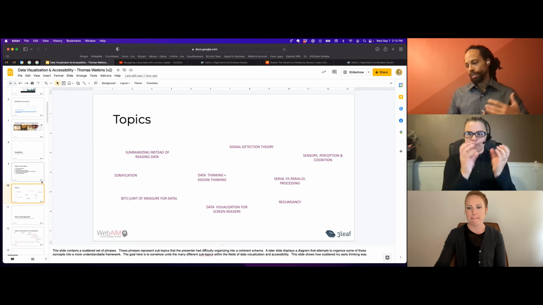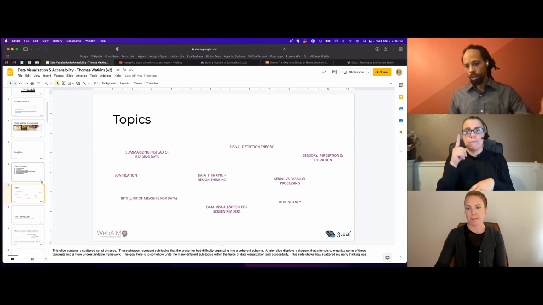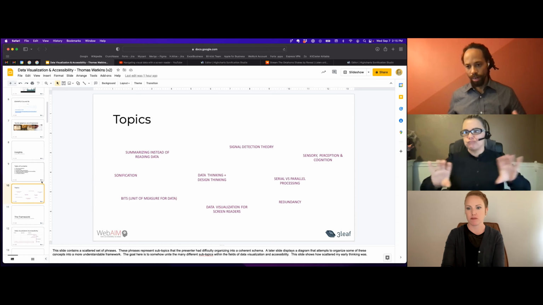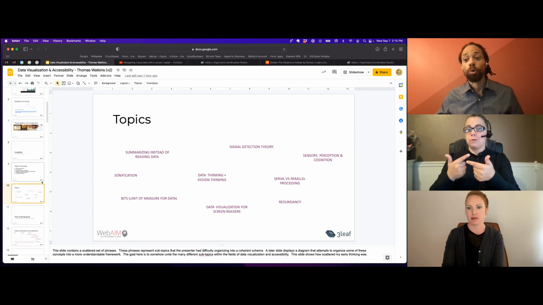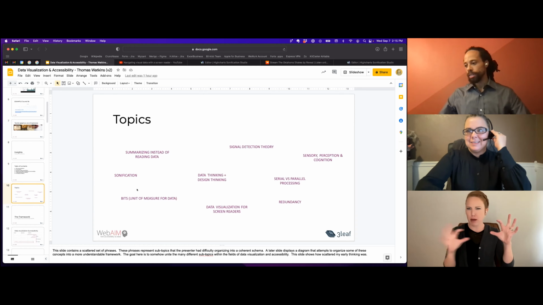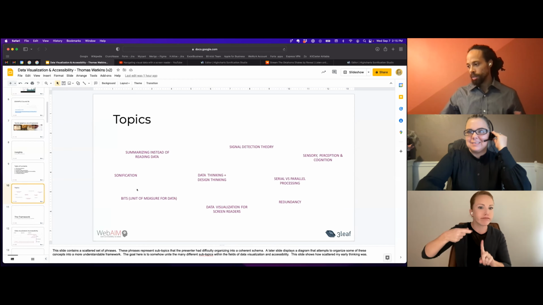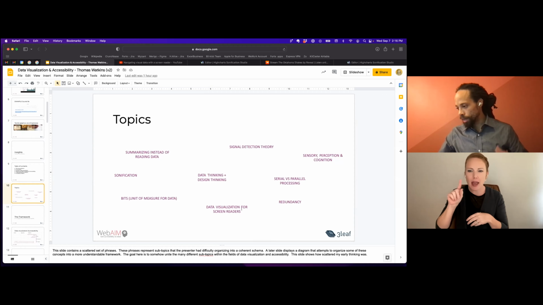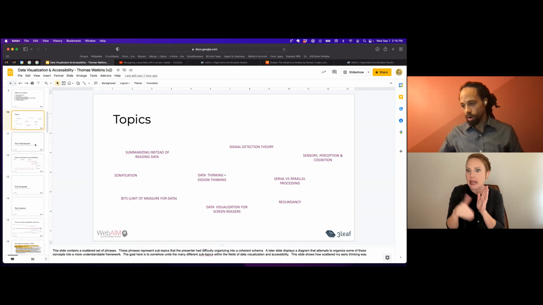So for folks who can't see, it's a set of short phrases scattered around the screen, representing that this is a disorganized array of ideas, right? So we've got things like signal detection theory, sonification, bits of data, bits of information, and I'm going to flesh some of these things out, redundancy, and so forth.